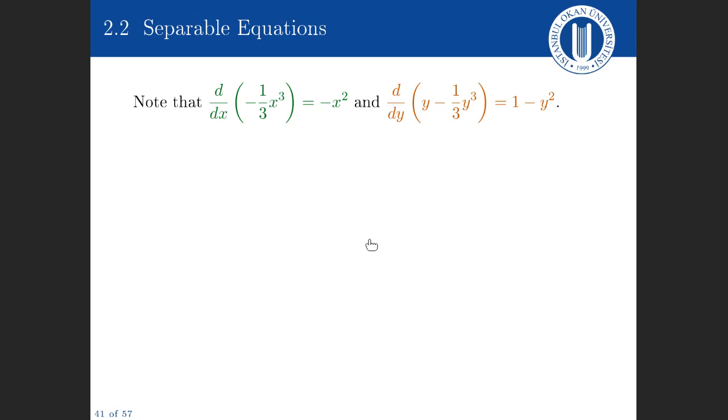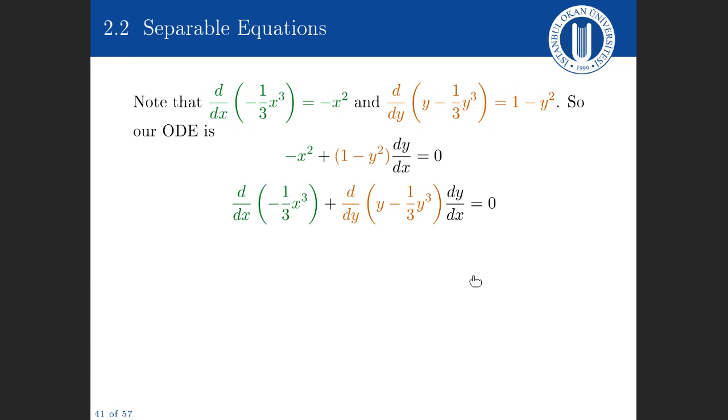Now notice that the derivative of minus 1/3 x cubed is minus x squared, and the derivative of y minus 1/3 y cubed is 1 minus y squared. I've got antiderivatives of the green and orange functions. So the differential equation we could write like this. We could write it as the derivative of minus 1/3 x cubed, plus d dy of y minus 1/3 y cubed, dy dx is equal to 0.